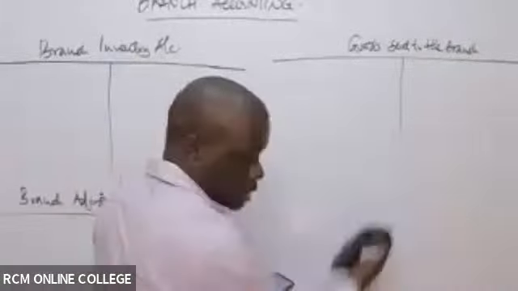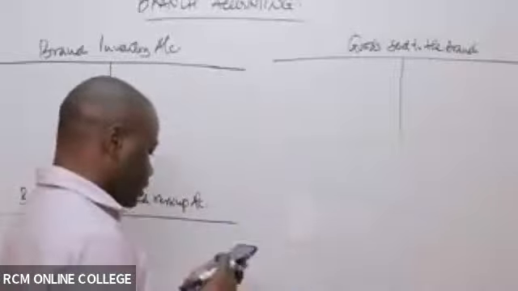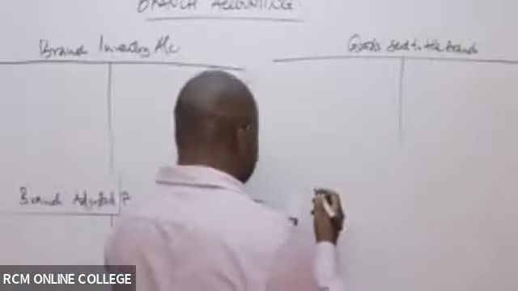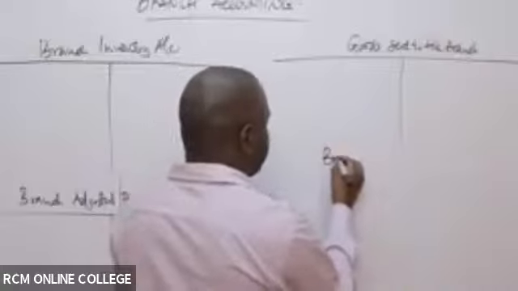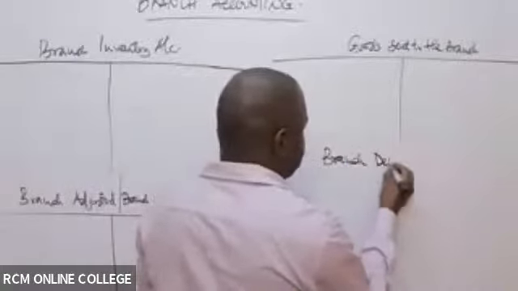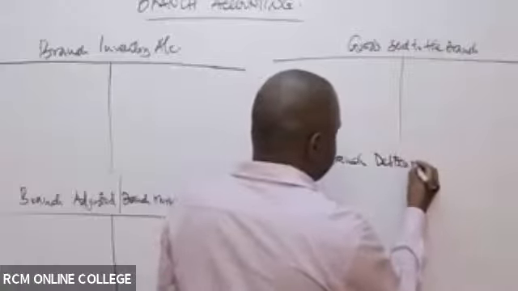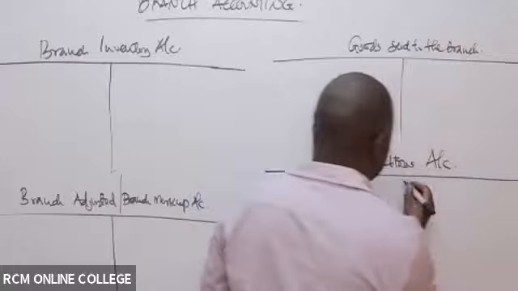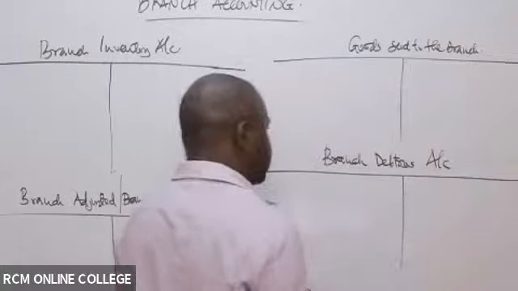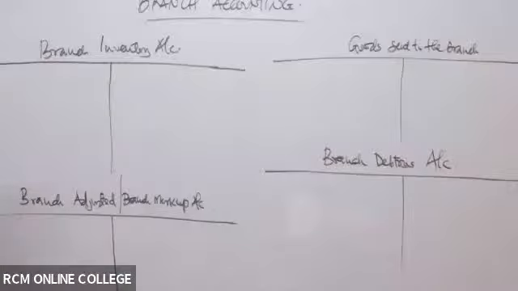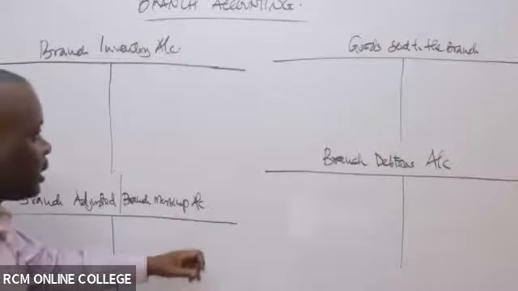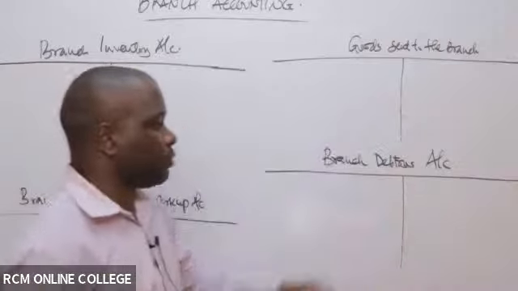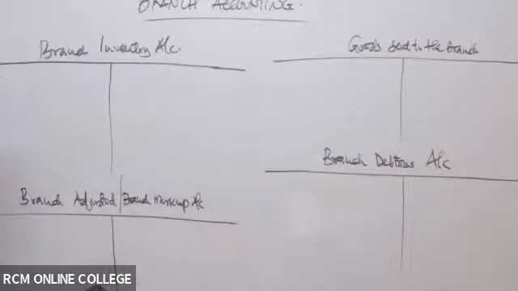Then we can have the final one, in this case, the branch debtors account. They have also called upon us to prepare the branch debtors account. So you have the branch inventory account, the branch markup account, the goods sent to the branch, and the branch debtors account.